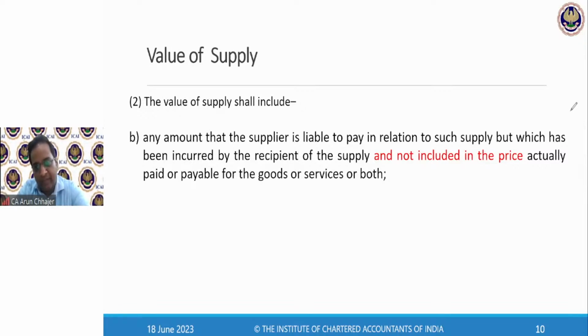Sudhanshu, let me explain once again. What is the crux? The value of the cement of rupees 2 lakh, which is given by the recipient, who is the recipient? XYZ. Given free of cost, will it have any impact on the invoice raised by the supplier to XYZ?